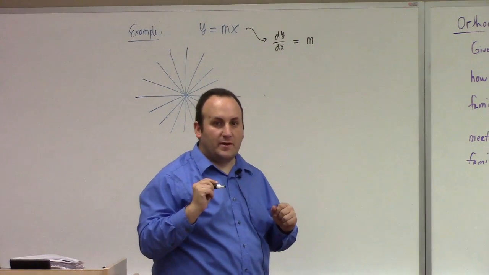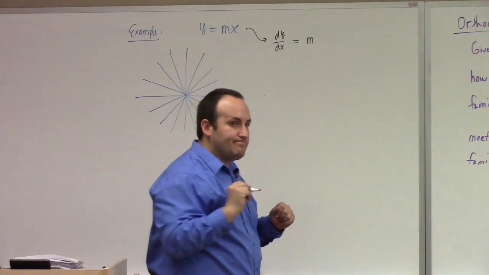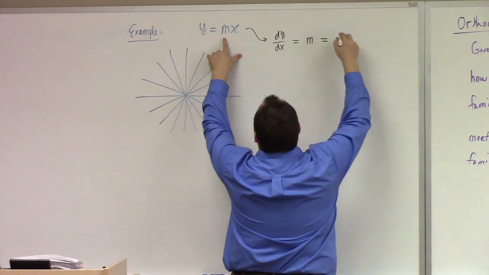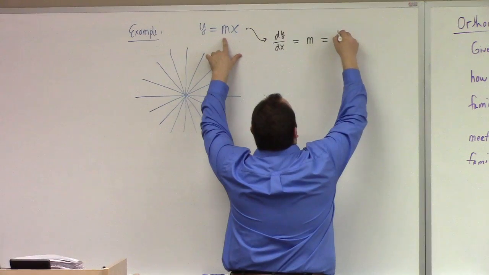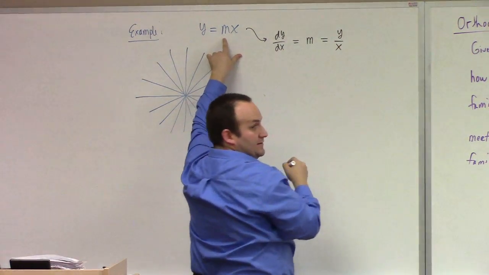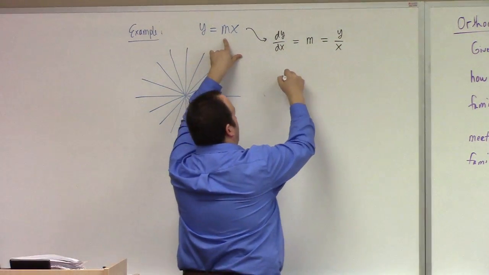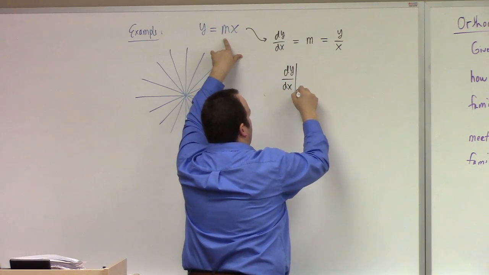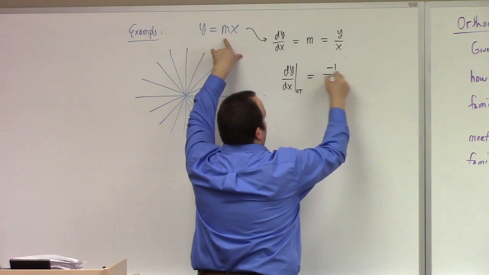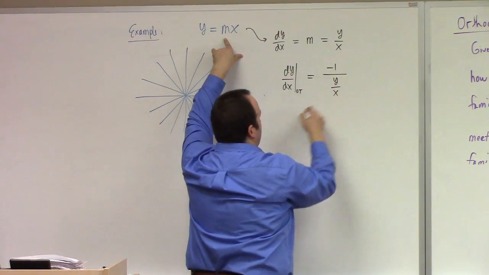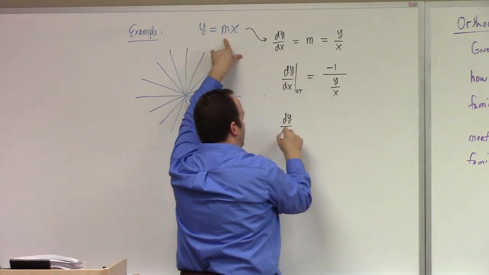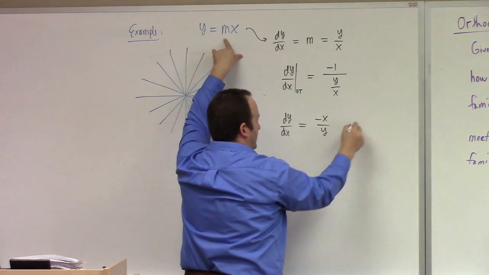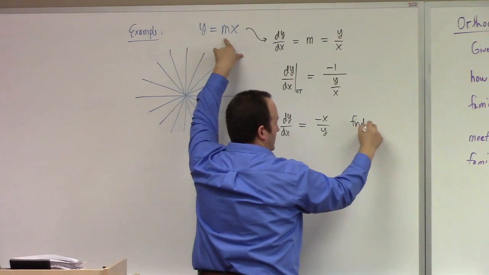You have to rewrite m in terms of y and x. m is equal to y over x. So then dy dx for the orthogonal trajectory should be equal to minus 1 over y over x. In other words, I need to solve dy dx equals minus x over y to find the orthogonal trajectories.